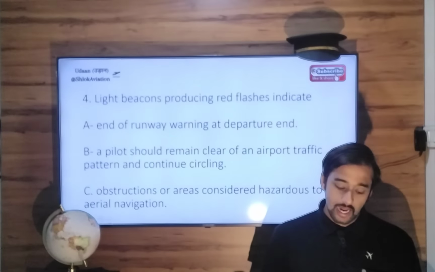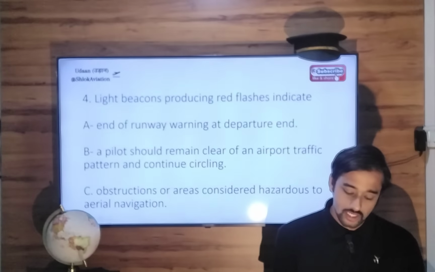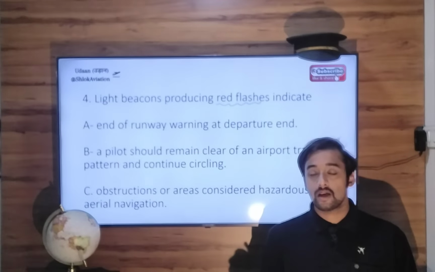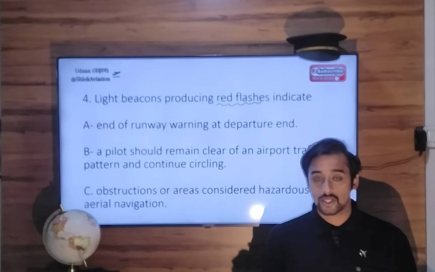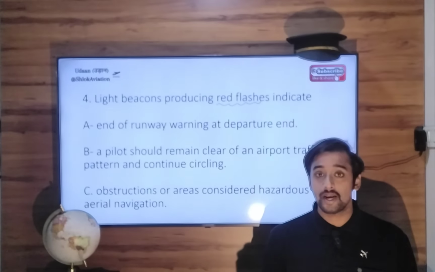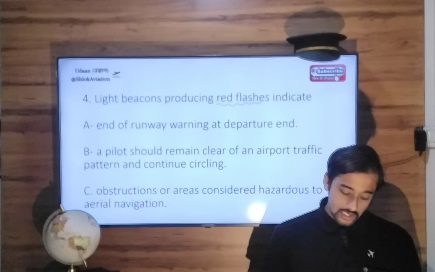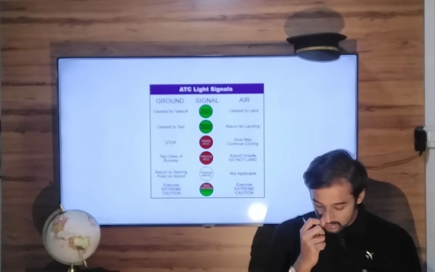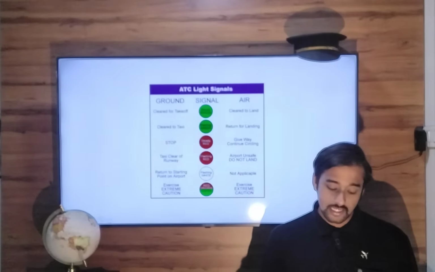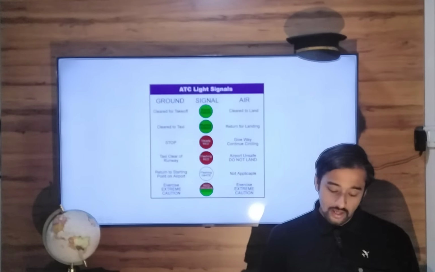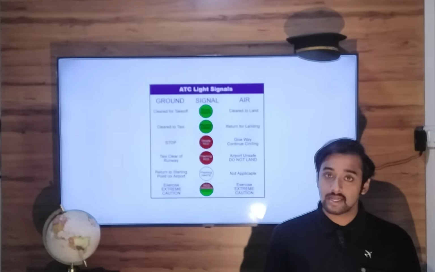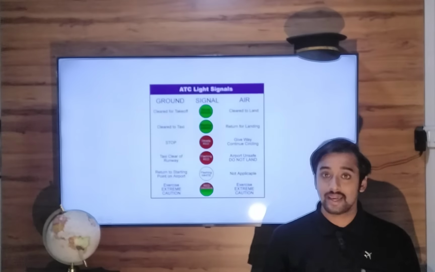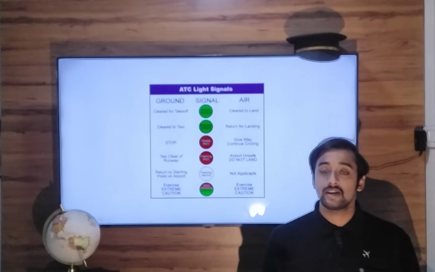Question 4. Light beacons producing red flashes indicate what? Now they're talking about red flashes, not a steady red light, but red flashes. So they indicate ATC light signals. When you are receiving ATC light signals on ground and in air, they have different meanings.